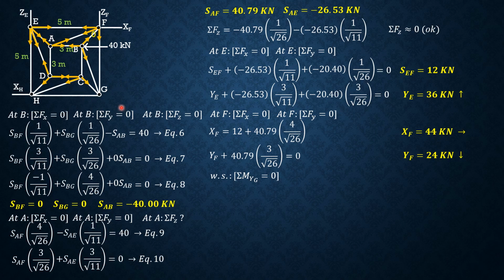So forces involved are G sub E, which is unknown. Let's assume that G sub E is positive going forward. Then XP and 40 kilonewtons. The rest, G sub F passes through G, XH passes through G, and the rest of the reactions are vertical, so parallel to YG, as well as the 60 kilonewtons.